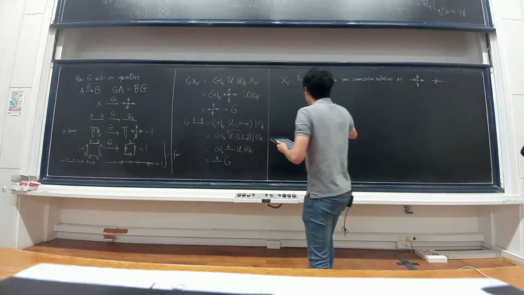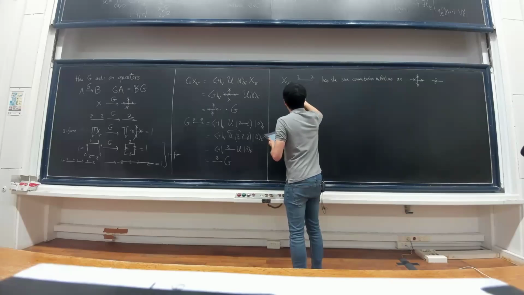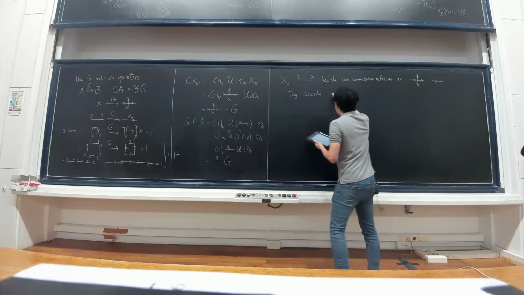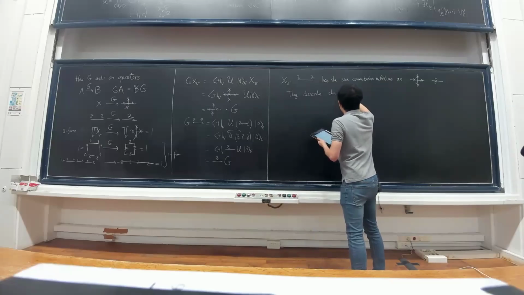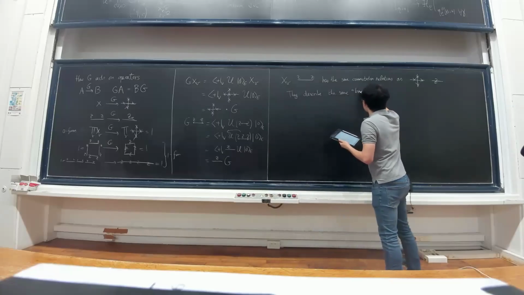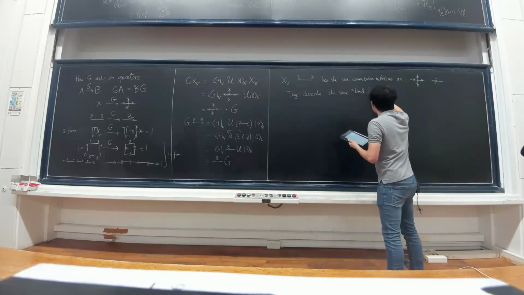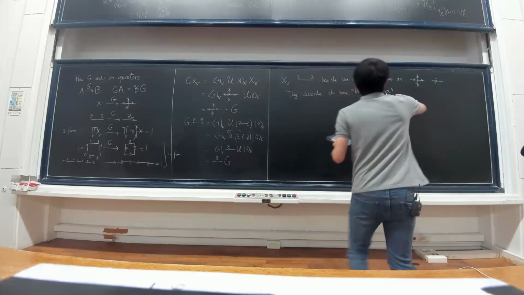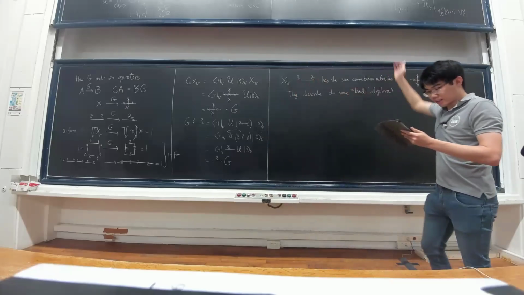So sometimes, in the physics literature, some people will say they describe the same so-called bond algebra. It's just that they live in different Hilbert spaces, right?